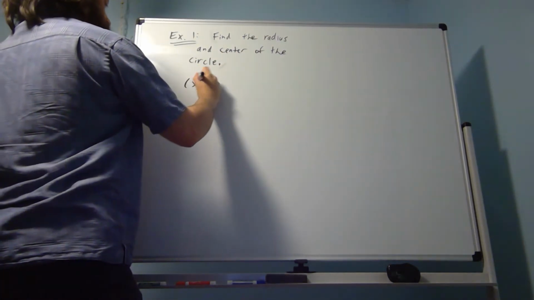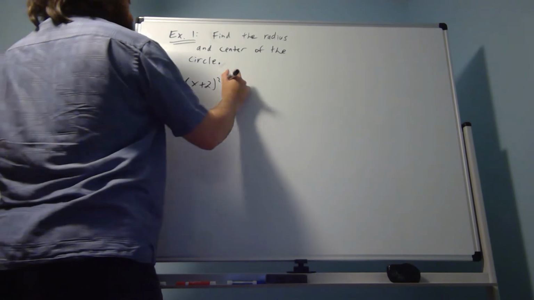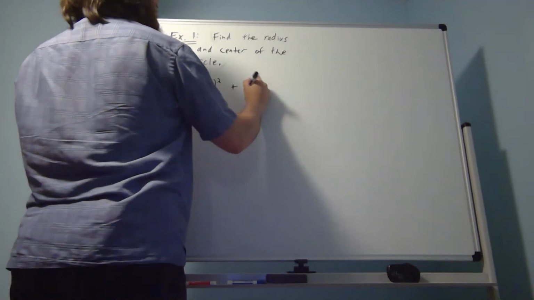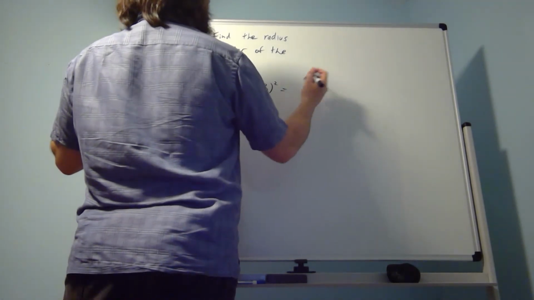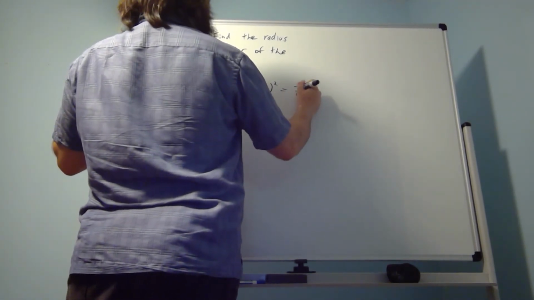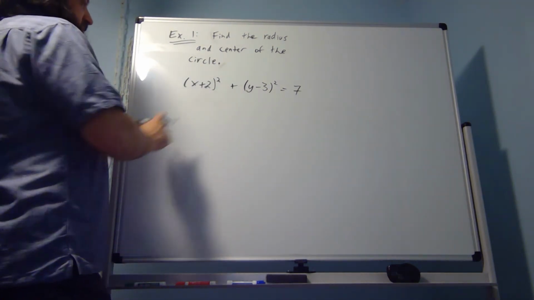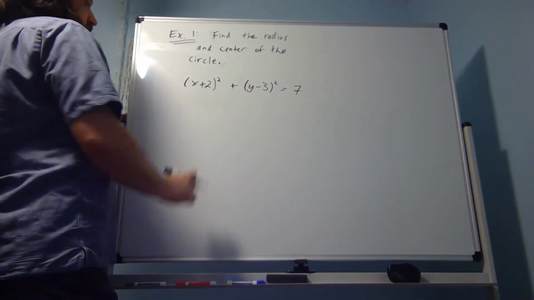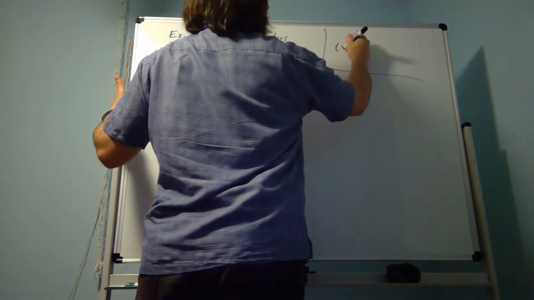Right away, this might look a little weird. The first thing you might notice is that the equation of the circle has to have a minus.